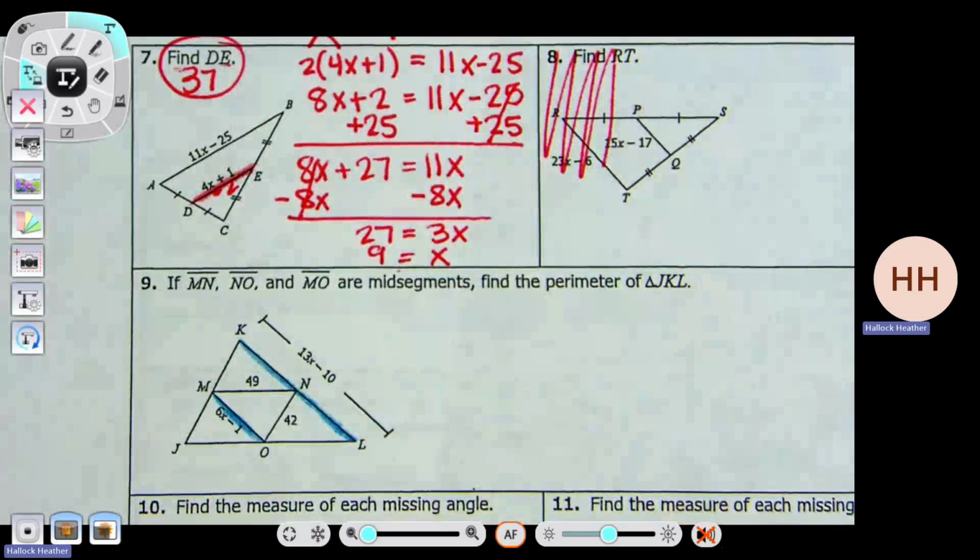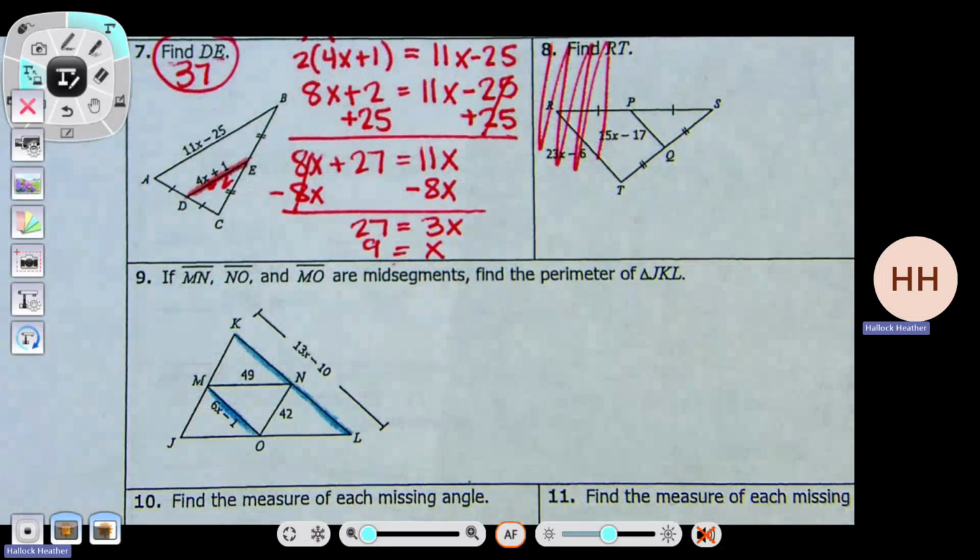You're going to take your midsegment. You're going to multiply by 2. And you're going to equal it to the outside. The outside is the 13x minus 10. So take the middle, multiply by 2, equal it to the outside.